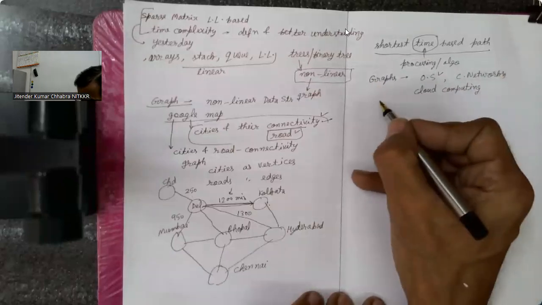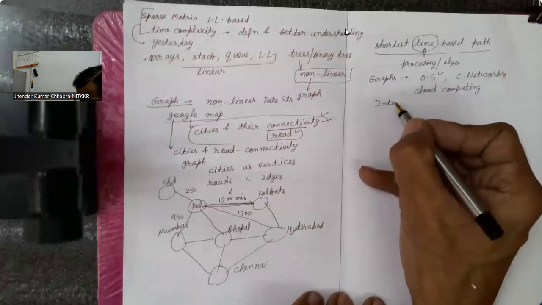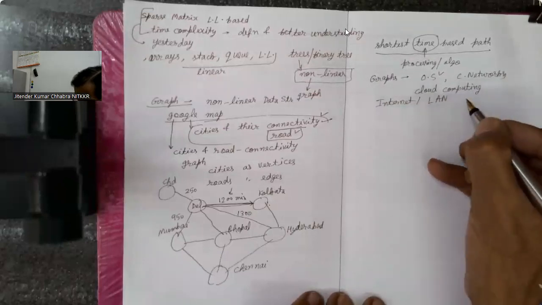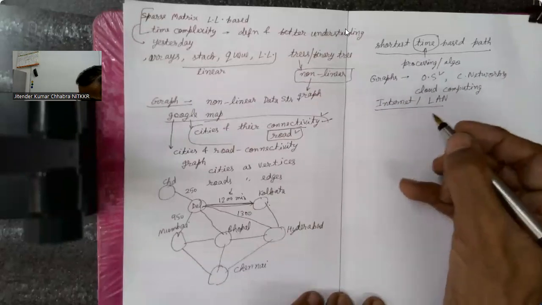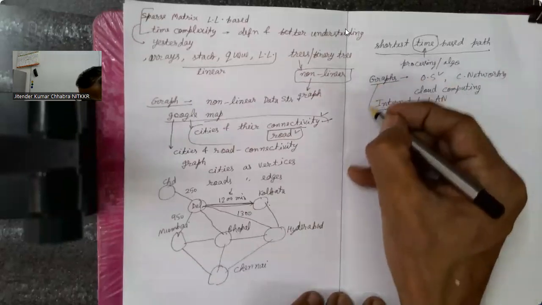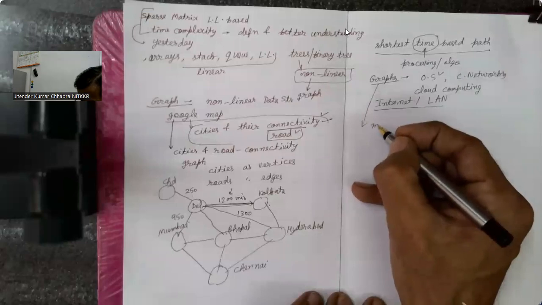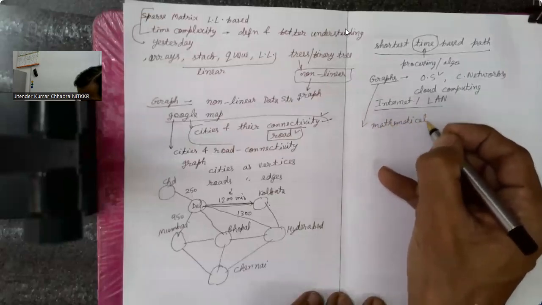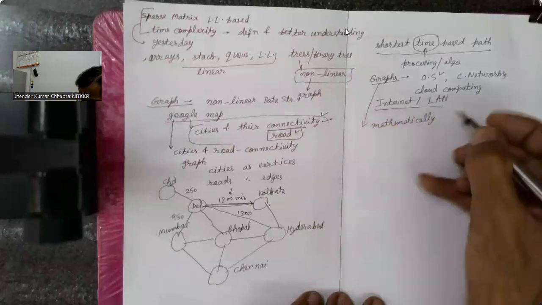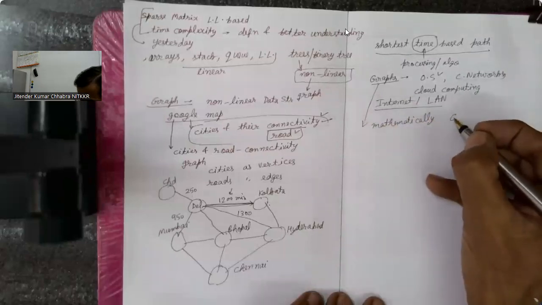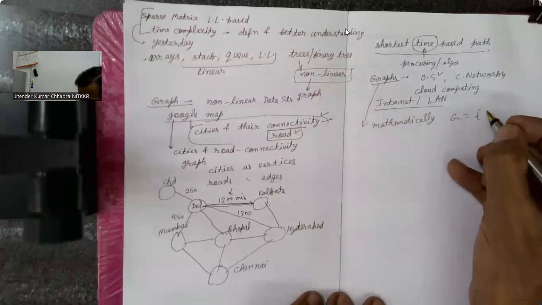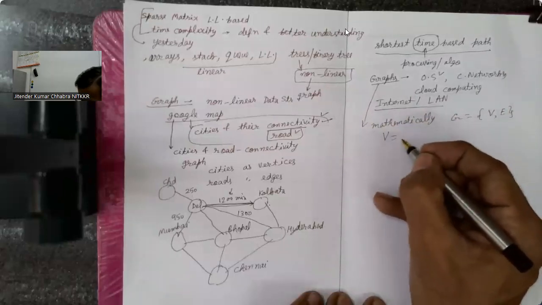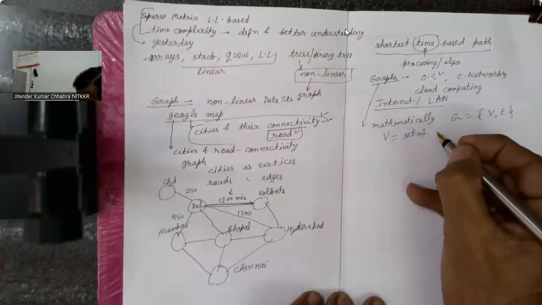The internet, an intranet, a LAN, everything is effectively a graph. Mathematically, a graph is nothing but a set of two sets. We normally call it G, a set of vertices and edges. V we call the set of vertices.